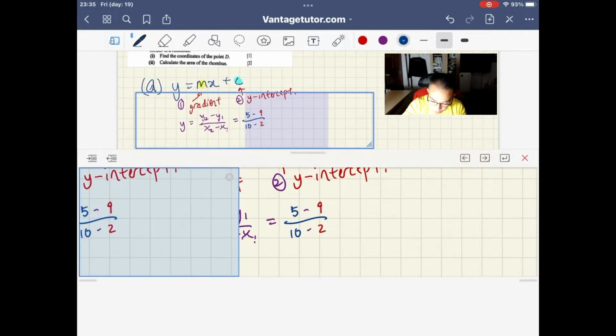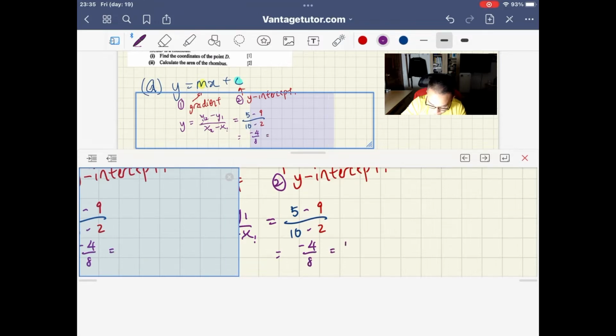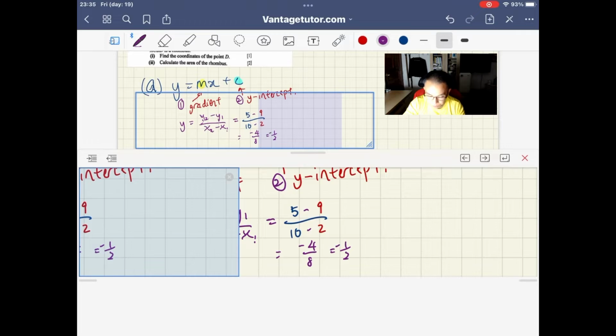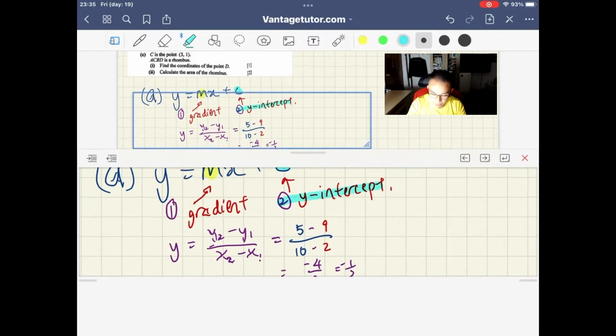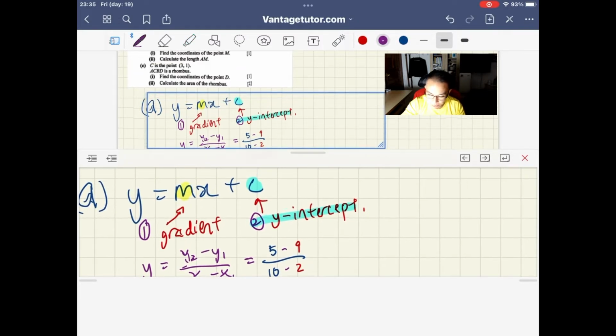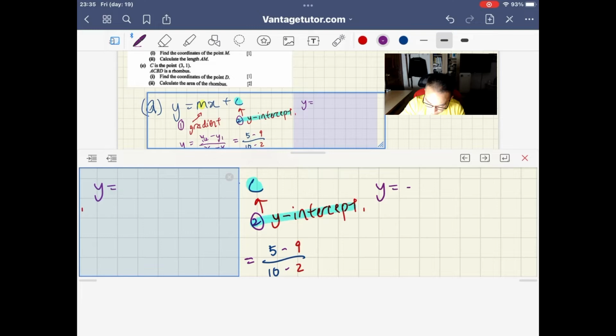From here I get negative 4 over 8, which is negative half. Now I have my gradient. After finding my gradient, I need to find my y-intercept, as I told you just now. So my equation is y equals negative half x plus c.